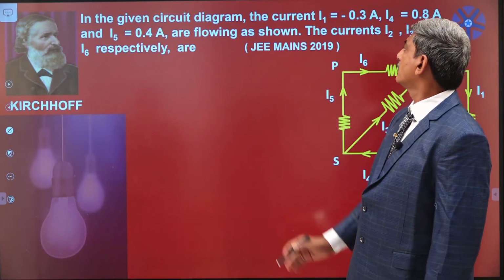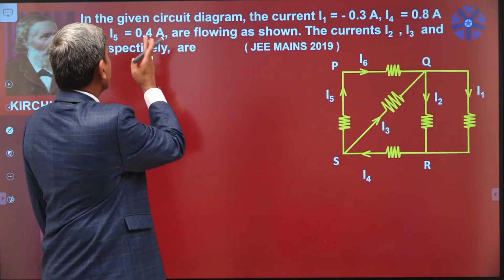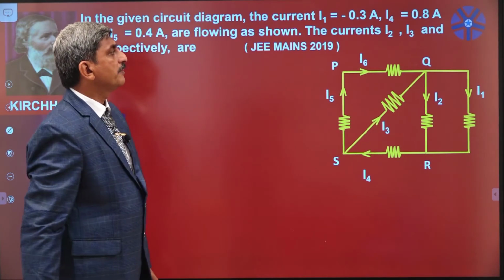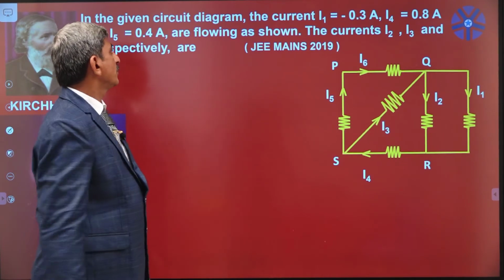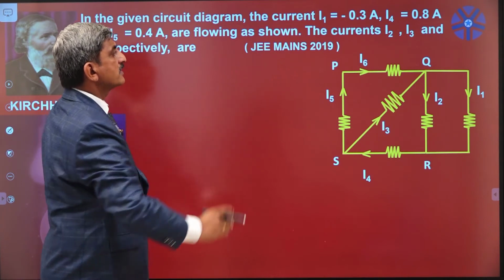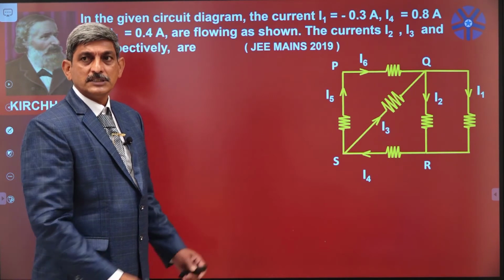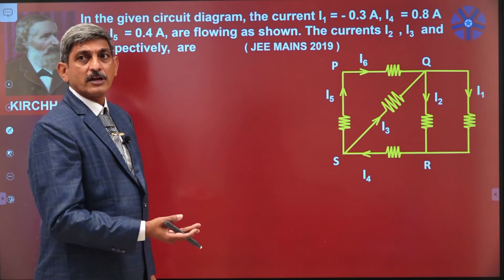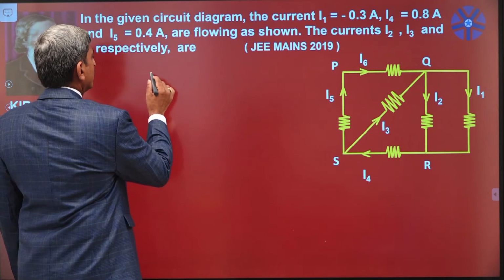In the given circuit diagram, the currents I1, I4 and I5 are given: I1 is equal to minus 0.3 amperes, I4 is equal to 0.8 amperes, I5 is equal to 0.4 amperes, flowing as shown in the figure. The currents I2, I3 and I6 respectively are dash. Some currents are given, some currents are not given, and we want to find out those current values. So what is given?